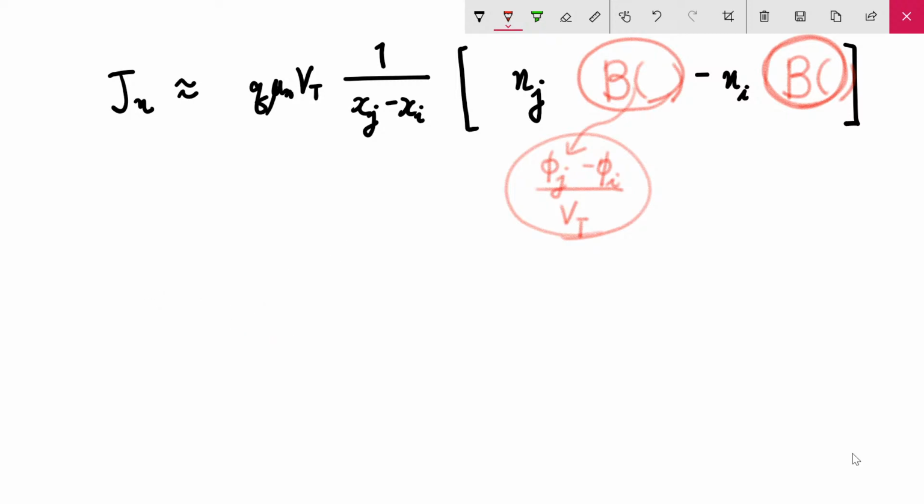That's the reason why I'm now talking about how we can remember this one. The trick is like this: just remember the form for your diffusion dominant flux.